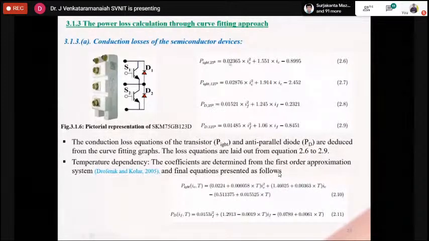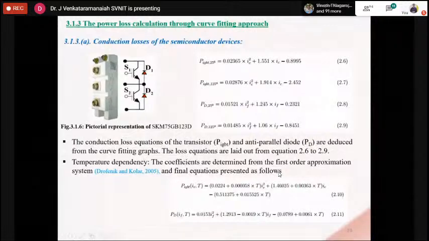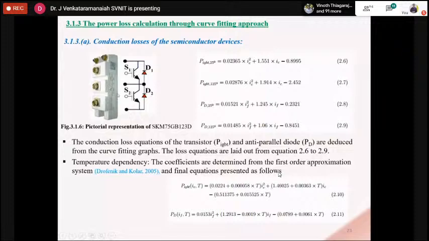These equations are attained by using a practical data sheet, and we have used a curve fitting approach. In the curve fit approach, according to the current level in the topology, we fit the curve to attain the equation. You can go for a different kind of polynomial if the curve is not fitting properly.